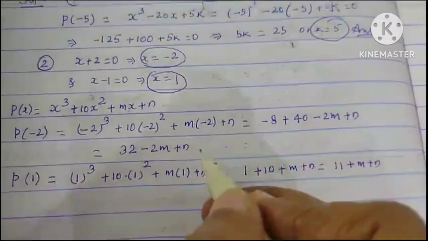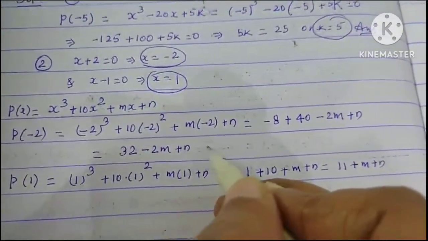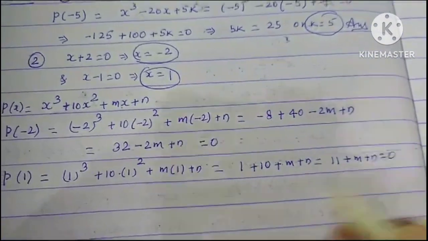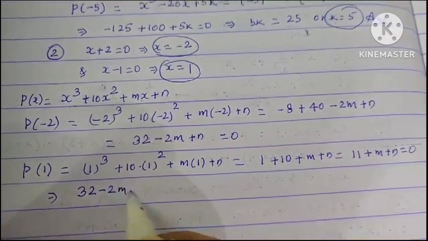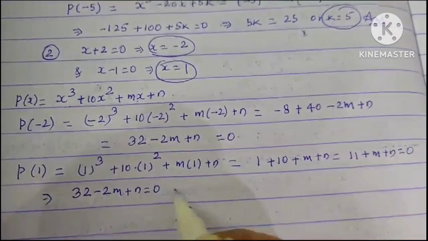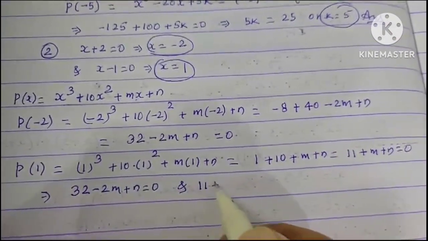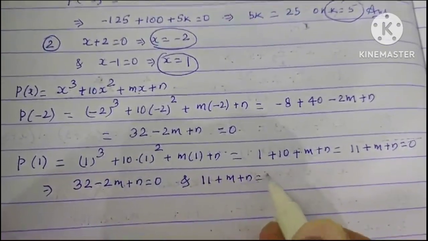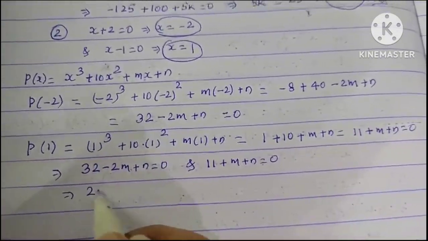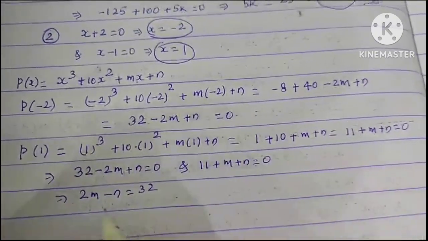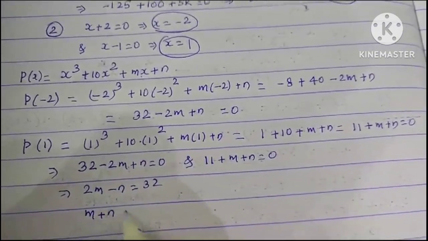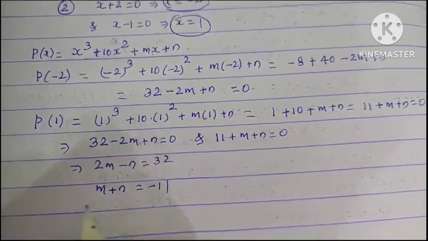Now we will make it 0, so we have two equations basically, 32 minus 2m plus n equal to 0 and 11 plus m plus n equal to 0. This implies 2m minus n equal to 32, and here we have m plus n equal to minus 11, and we have to solve this one.